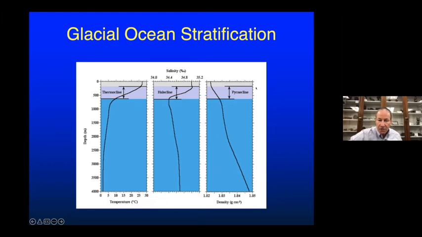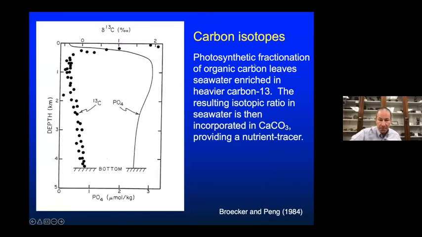And so the degree to which the deep ocean is physically separated from the atmosphere by a density contrast of water with less carbon near the surface, that controls how well the ocean can hold all that carbon. And here again, we can turn to carbon isotopes to give us an indication.